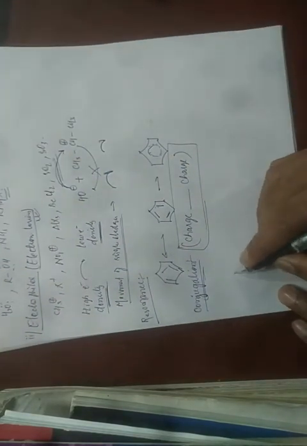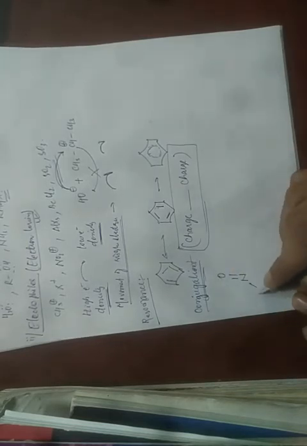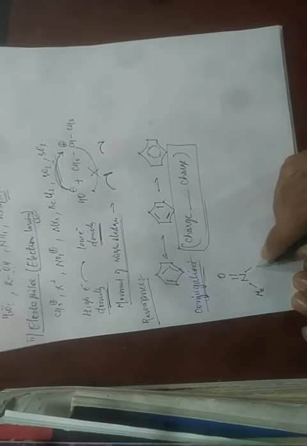Now let us take one example of a resonance. You can take any example. Suppose we have nitrogen double bond oxygen here, one methyl group, and here an oxygen carrying 6 unpaired electrons.